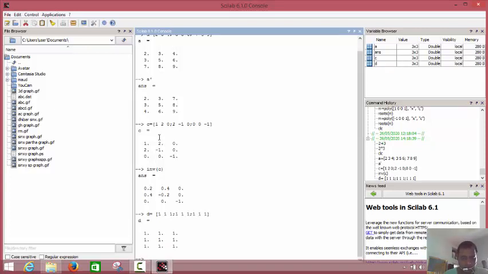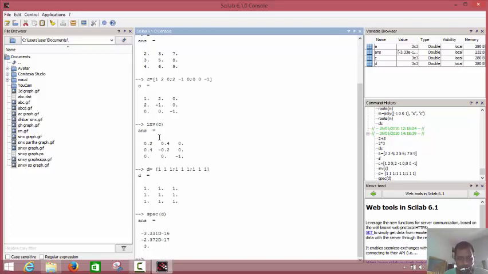If we want to know the eigenvalues of the matrix, we write the command spec of D. The eigenvalues are these.